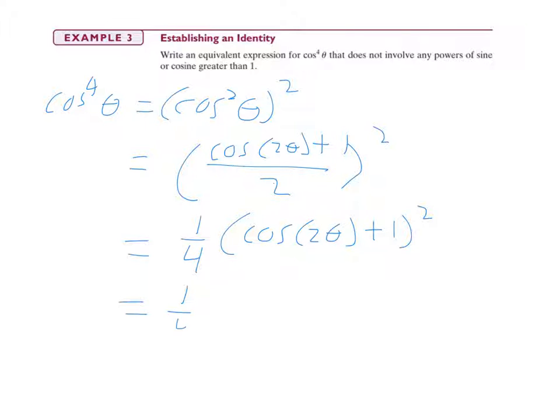So that would be 1 to the fourth, and then if you were to FOIL this and expand it, it'd be cosine squared of 2 theta plus 2 cosine of 2 theta plus 1.